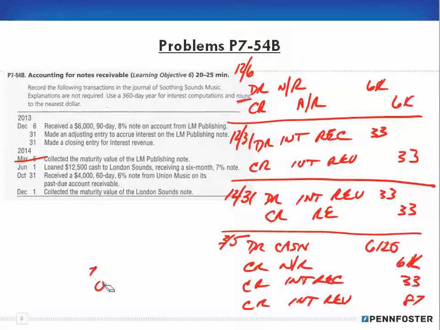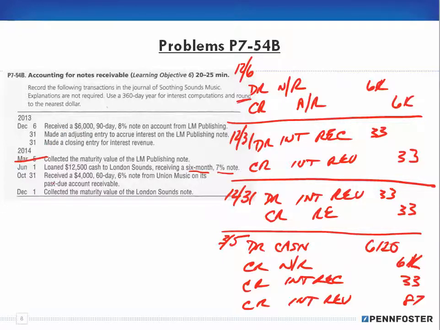Now it says, loaned 12,000 cash to Sound Systems, receiving a 6-month 7% note. So this basically is, as I said at the start of this video, there's basically two ways of creating a note receivable.